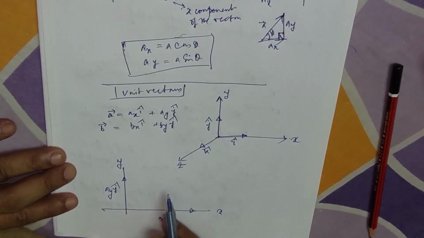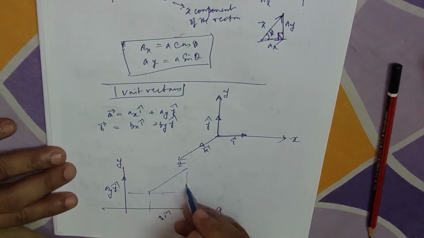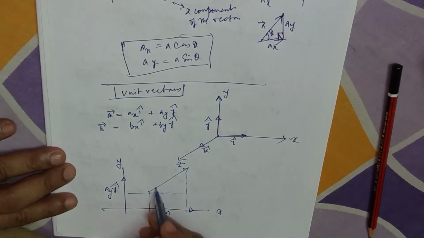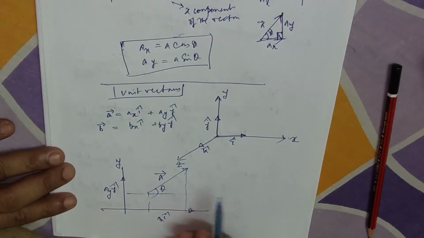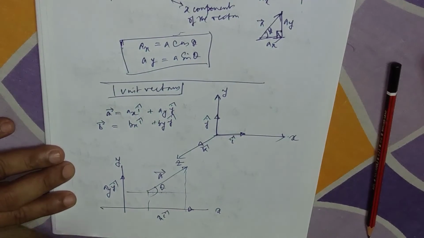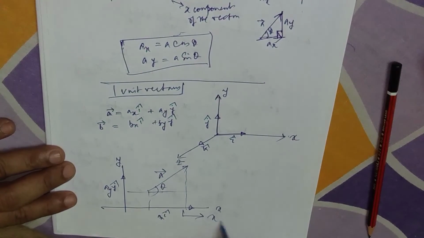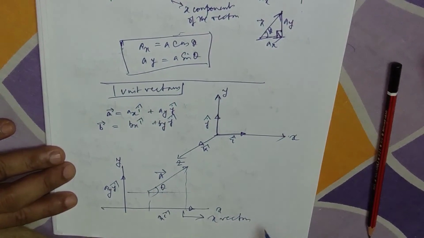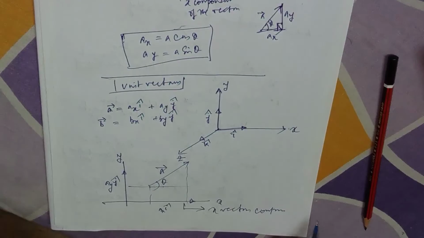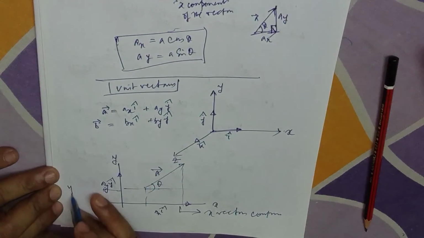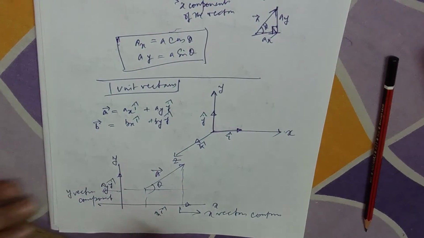If we shift like this, and this is theta, so vector a, this is the x vector component, and this is the y vector component. Got it, student?